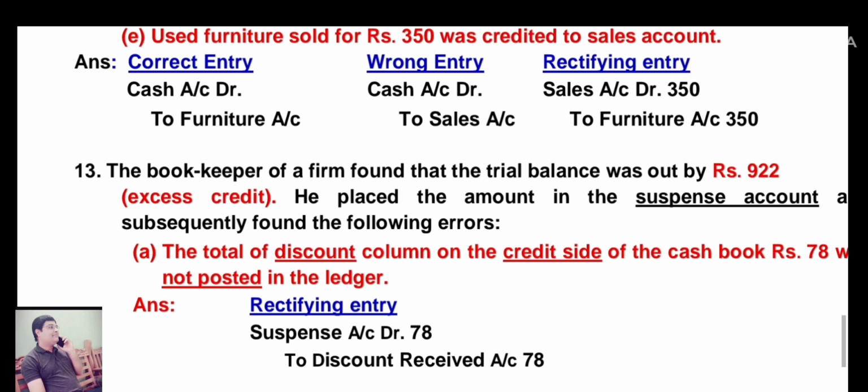So for the rectifying entry, see first the correct entry, to furniture account. So first write "to furniture account" in the rectifying entry, then see the wrong entry. Sales is written wrongly on the credit side. Now we have to correct it, so we have to write on the opposite debit side. So sales account debit in the rectifying entry 350 to furniture account 350. Understand?